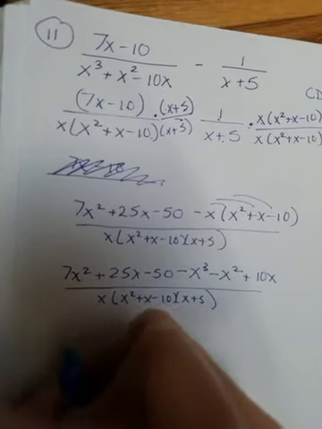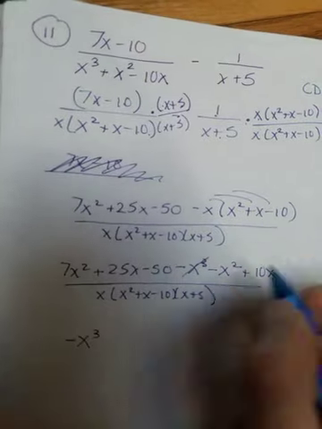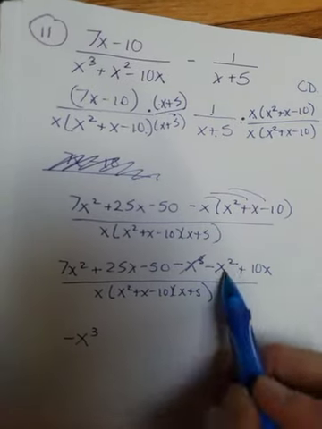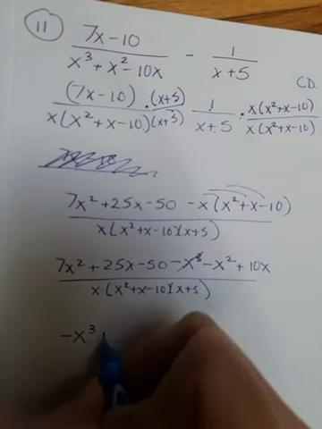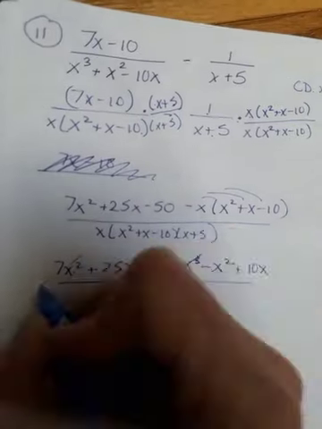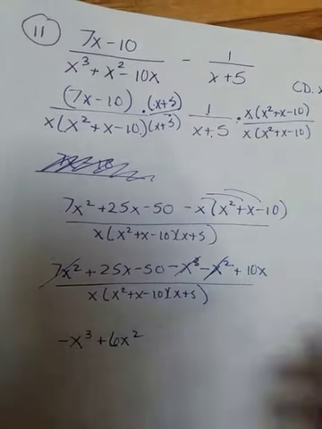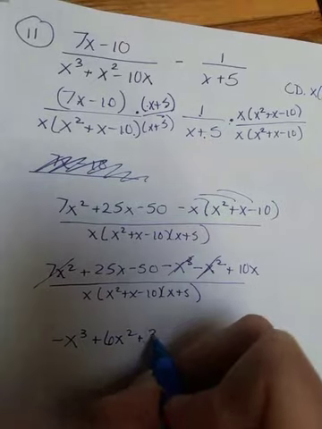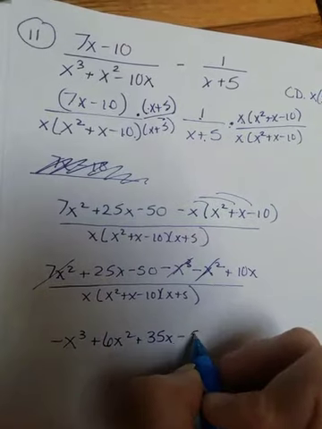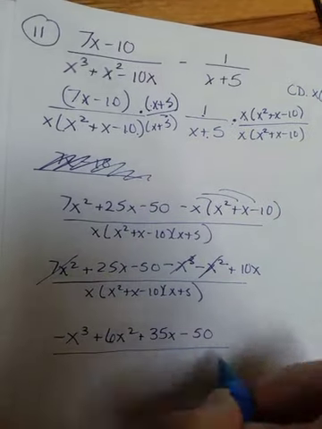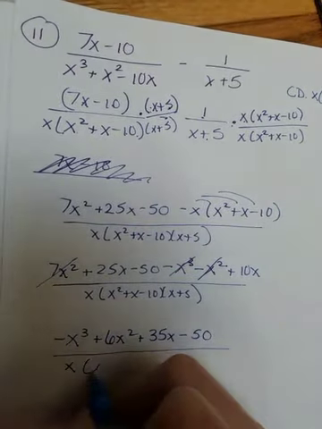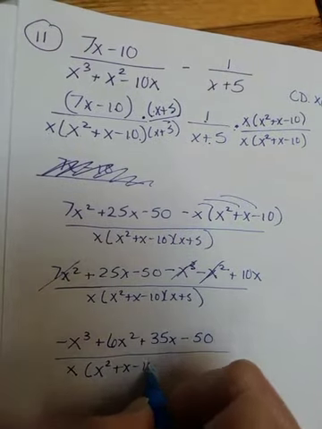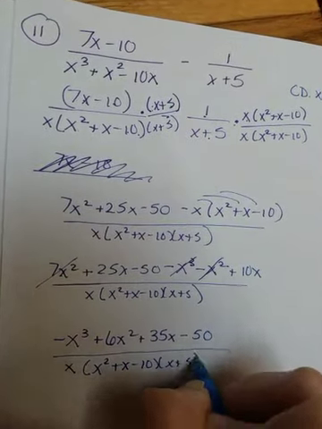So we have a negative x cubed, so that's gone. A 7x squared minus x is going to be a 6x squared. And then a 25x and a 10x, sorry, is 35x and then minus 50. All over x times x squared plus x minus 10 times x plus 5.